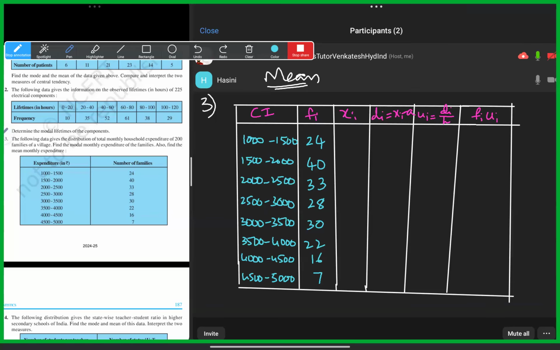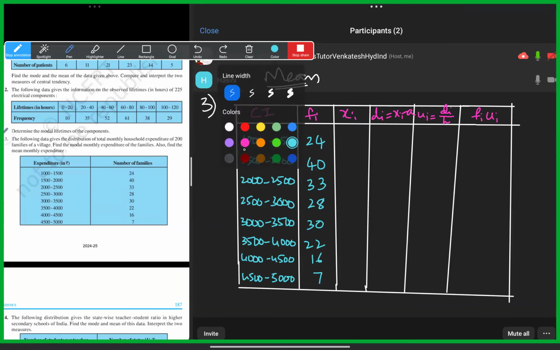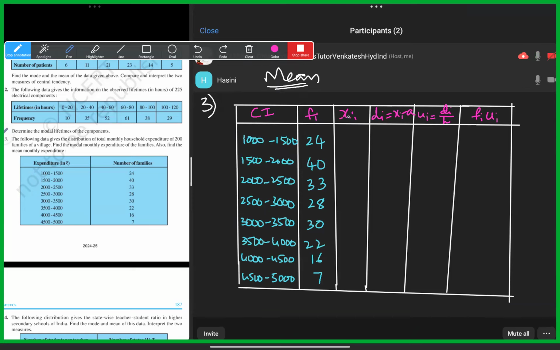The next xi values. So xi is 1000 plus 1500 by 2, so 2500 by 2, which will become 1250.